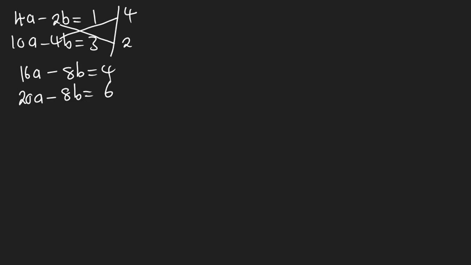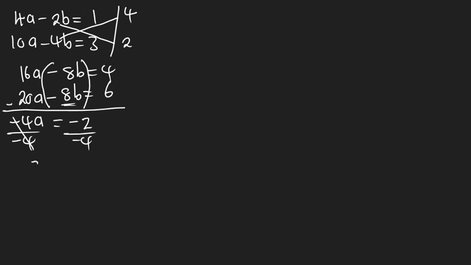Then the only way you would be able to cancel these two is when you subtract. So when you subtract 16 minus 20, it is going to give you minus 4a. This part will give you 0. This part will give you negative 2. So a is equal to 1 over 2.